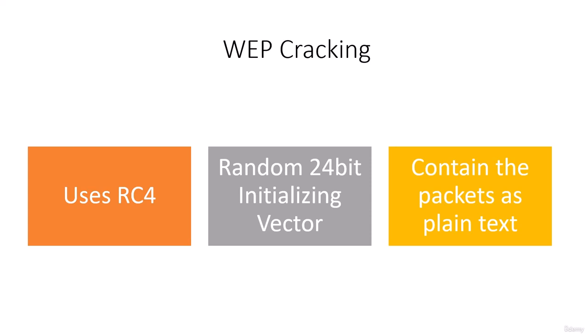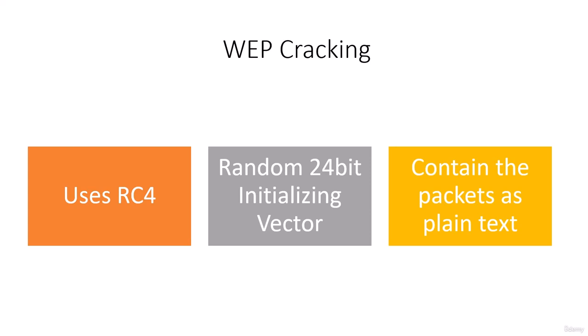Once we have packets with the same initialization vector, we can use a statistical attack to determine the key stream, and after that determine the WEP key. So from the above we know that the more IVs, or initialization vectors, that we collect, the more likely we will successfully crack the WEP key.